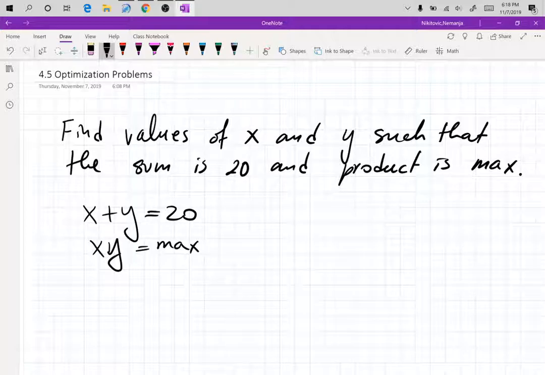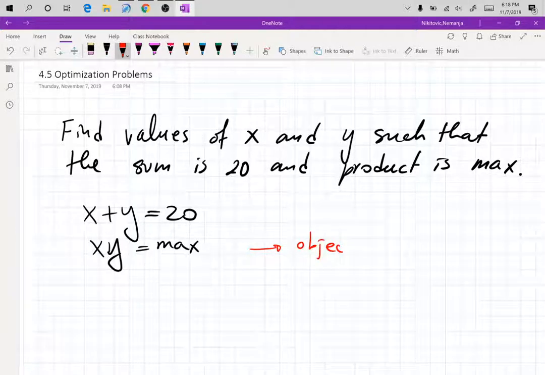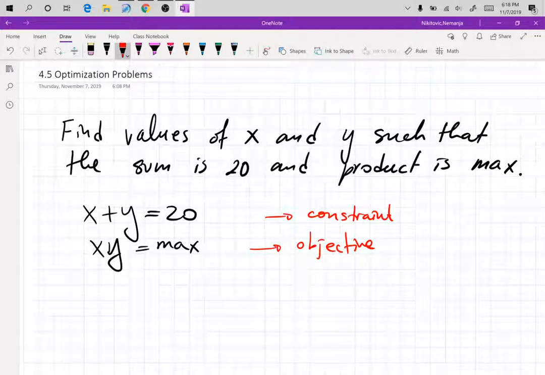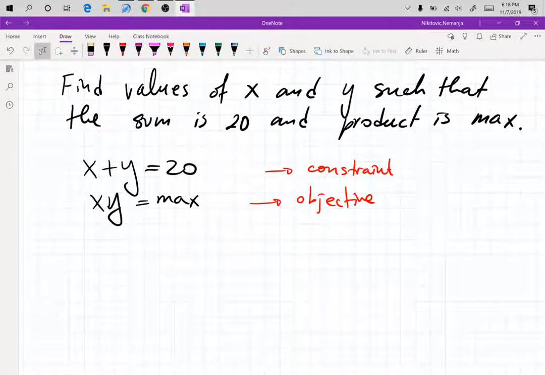So our objective is to have a maximum product under the constraint that the numbers add to 20. This is a very blah example, but it works very easily to understand the concept.